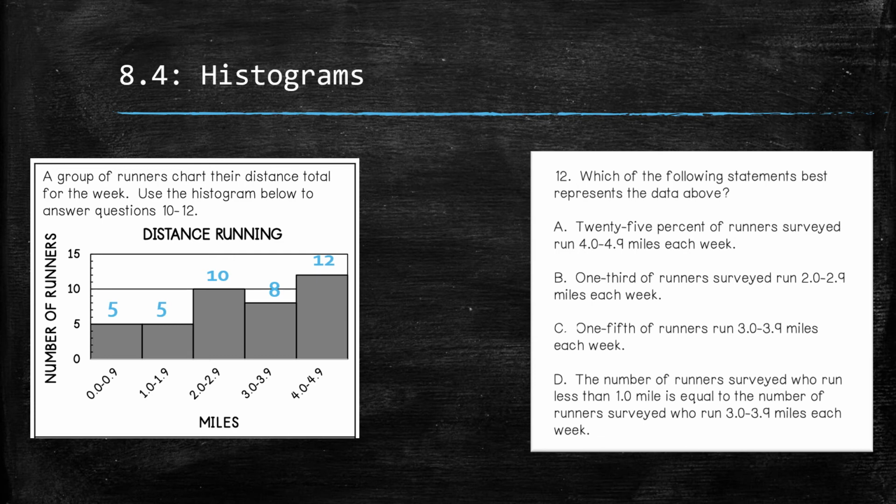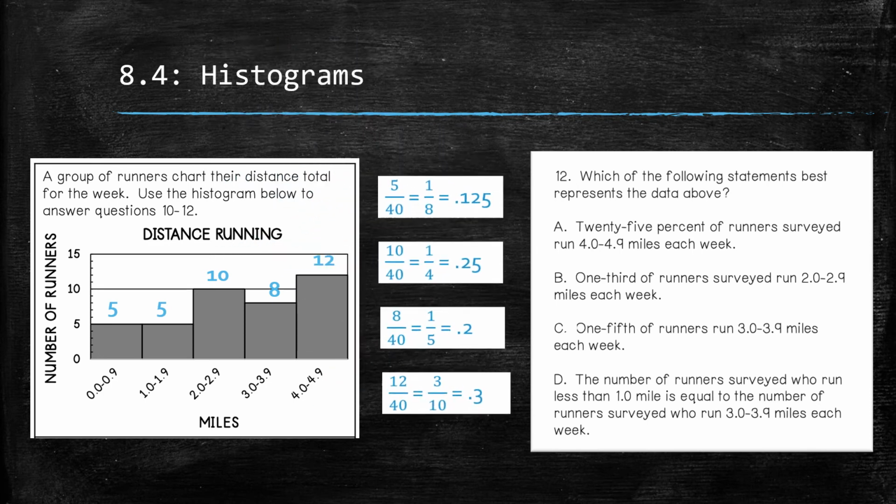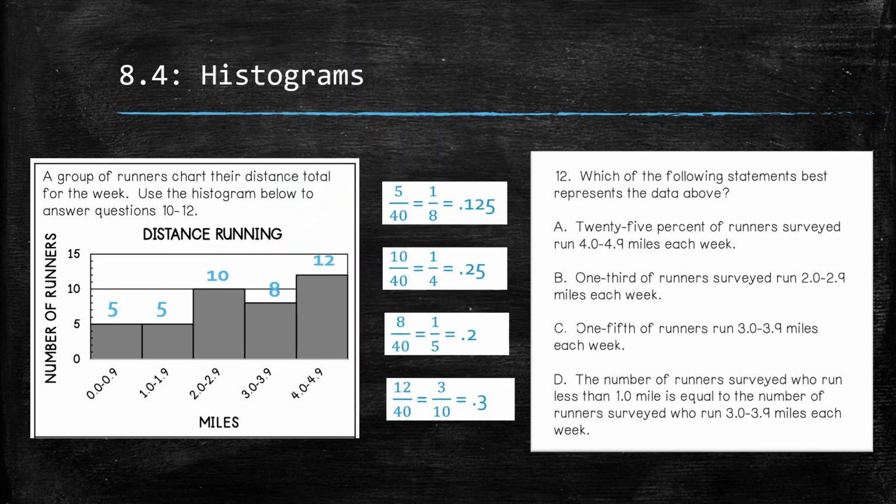So I'm going to set up my fractions, part to whole. 5 over 40, and I have 2 of them, simplifies to 1/8, which is 12 and 5/10%. 10 over 40 simplifies to 1/4, or 25%. 8 over 40 simplifies to 1/5, or 20%. And 12/40 simplifies to 3/10, which is 30%.